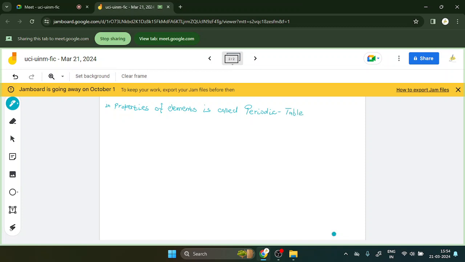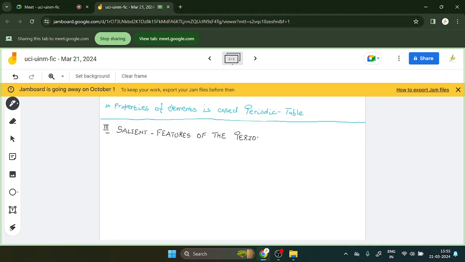Now we have discussed what is called the periodic table. Now we will be discussing the salient features of the periodic table. Let us discuss heading number three, that is, what are the salient features of the periodic table.